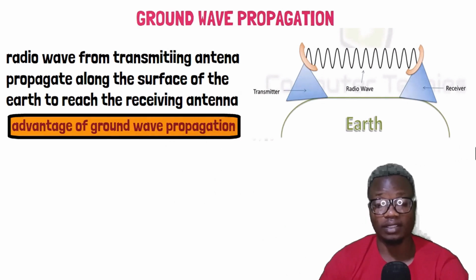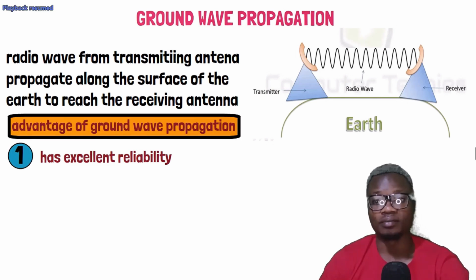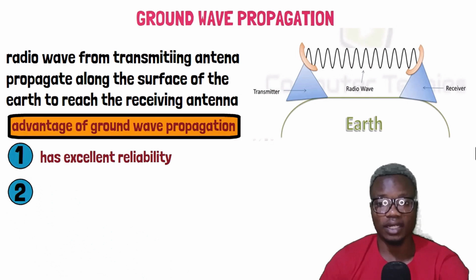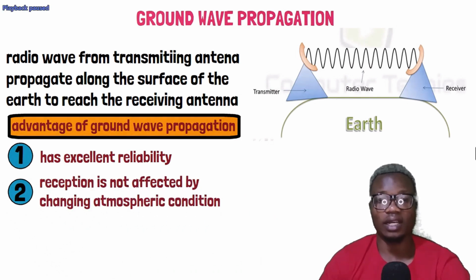Let us see the advantages of ground wave propagation. The first advantage is that ground wave propagation has excellent reliability. The availability of the information is present all the time. The second advantage is that reception is not affected by changing atmospheric conditions.